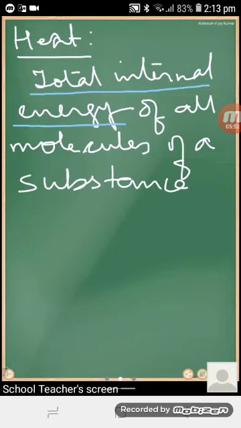Clear? So whenever we are talking about the heat of a body, we are talking about the total internal energy, that is the sum of kinetic energy and potential energy.